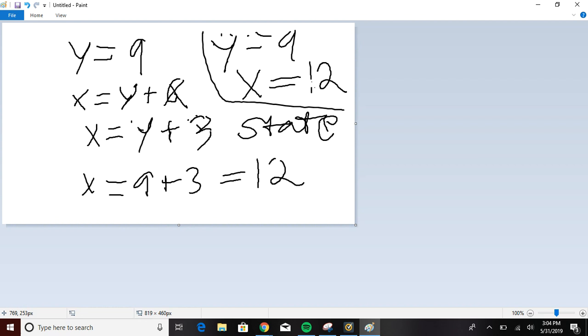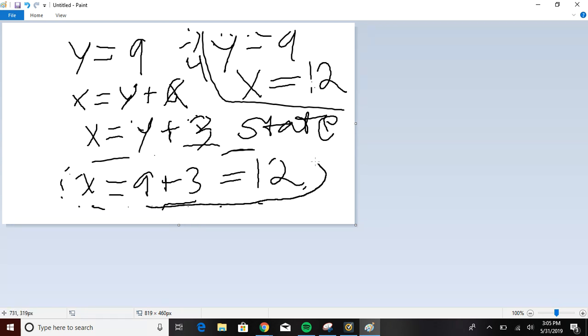And this up here, step 4. This down here was step 3.